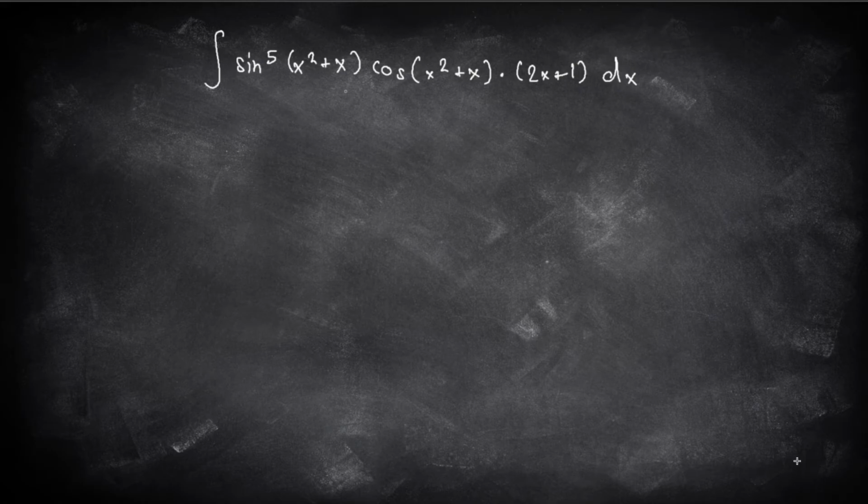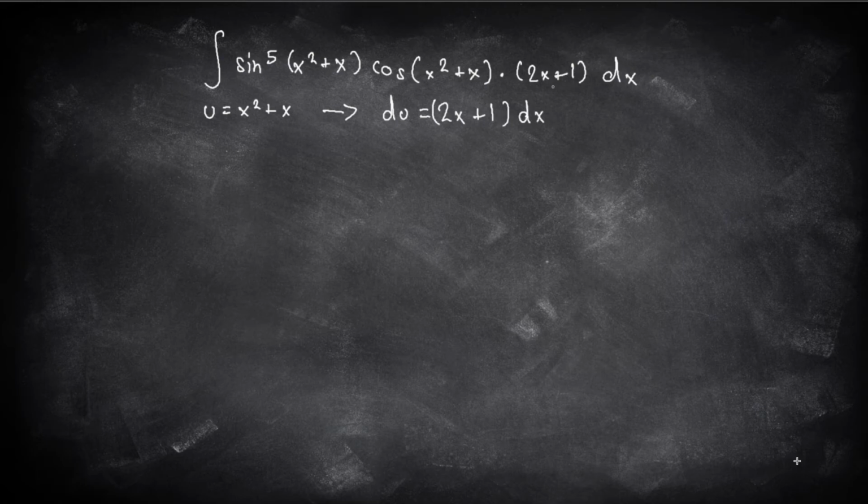So let's say we substitute, if we do the derivative of sine, it becomes cosine. But first we have our x's, so let's substitute that one first. So let's say u is equal to x squared plus x. So du, I'm just going to write this on the side. du is equal to the derivative of x squared is 2x, the derivative of x is 1, multiplied by dx.